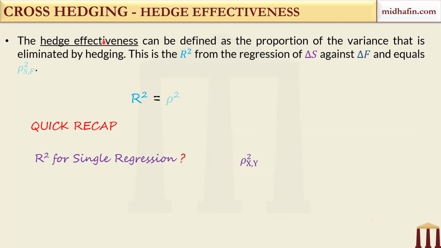Okay, but I had explained one more thing in multiple regression. I had explained that R square for a multiple regression is also the square of correlation, but it is not the square of correlation between X and Y. Which correlation we were talking about over there? This revision is not related to this chapter, but this revision is just to make you recall the concept, because whenever we get a chance, we should do these things.